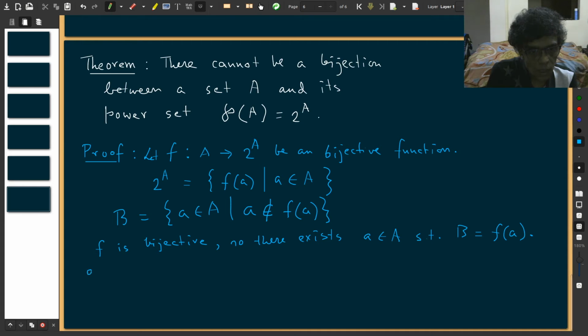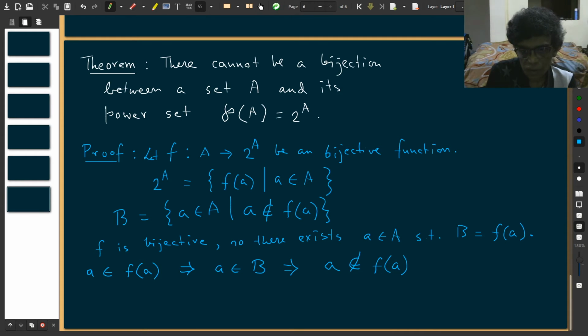So now we talk about whether a belongs to f of a or not. Suppose that a belongs to f of a. This implies a belongs to B, because B is equal to f of a. This in turn implies, by the construction of B, I have taken only those a's such that a does not belong to f of a. Okay, so a in f of a implies a is not in f of a.